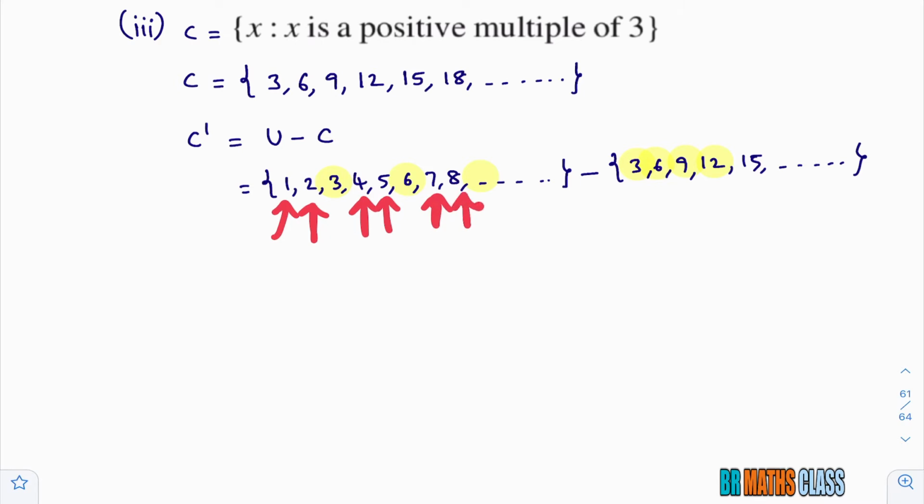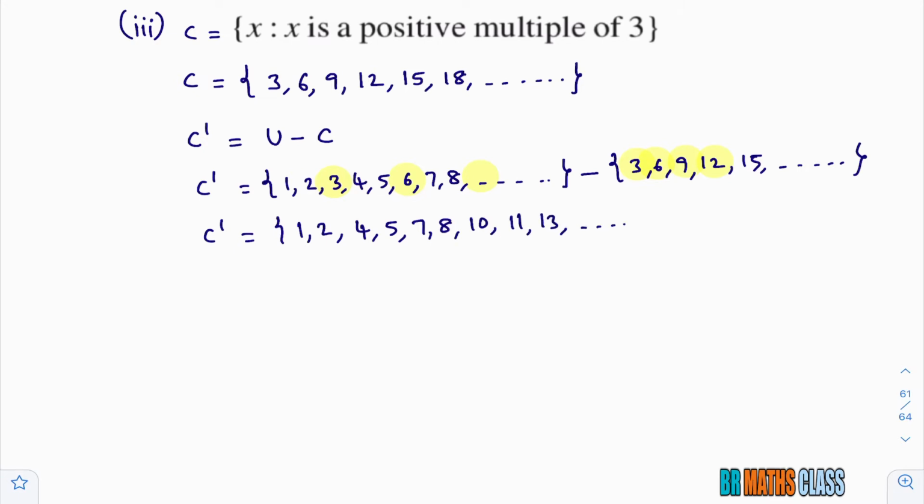That means I can write here 1, 2, 4, 5, 7, 8, 10, like that. Other than the common elements, the elements remaining in the first set are not multiples of 3. So this answer I'll write here: C dash equal to 1, 2, 4, 5, 7, 8, 10, 11, not 12, 13, like that you will get.